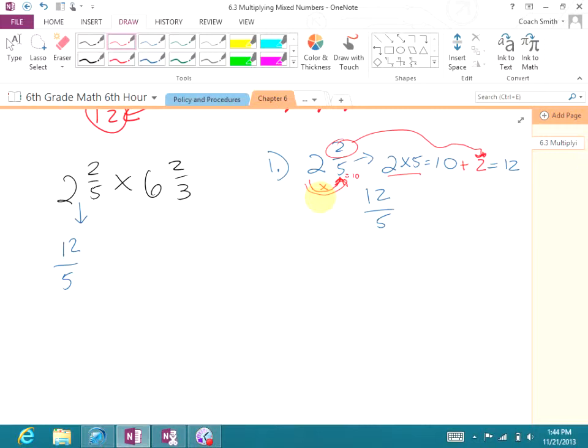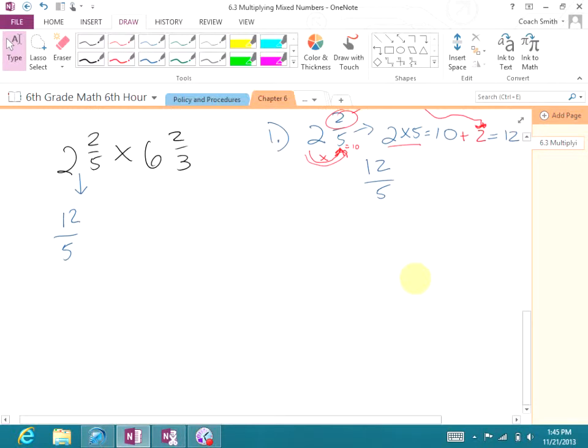What would you do if the denominator is larger than the numerator? Can't be. If you have a mixed number and you do the changing of a mixed number to an improper fraction properly, the numerator will never be smaller than the denominator. It's impossible.